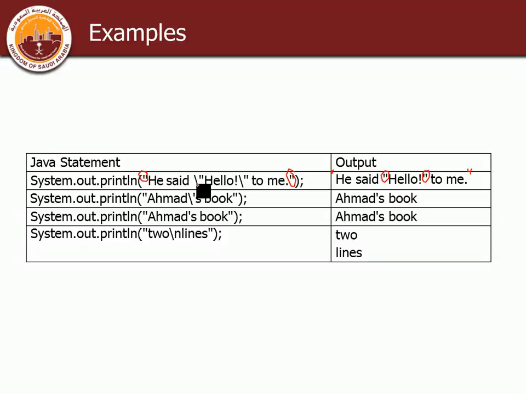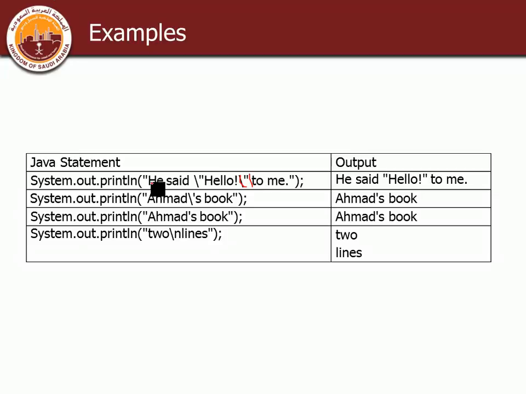For this one, I don't understand what you're saying. That's why I'm trying to understand. This one, the backslash is coming here. So you want to remove this backslash and put it here. Yeah. So that's what will happen.